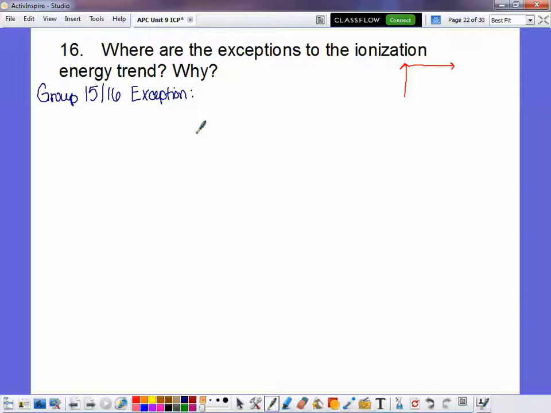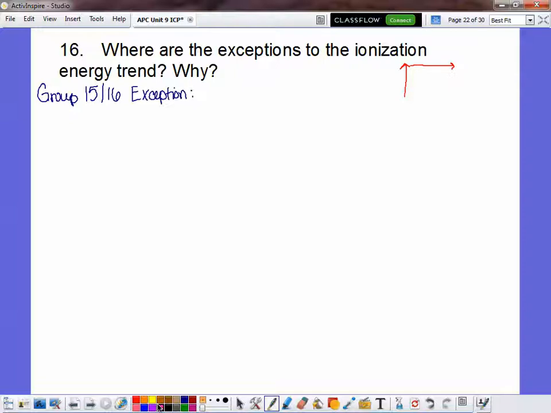Based off the overall trend, elements in group 16 should have a higher ionization energy than elements in group 15. But because this is an exception, you can predict that it's really the opposite. I'm going to use nitrogen and oxygen as my examples.